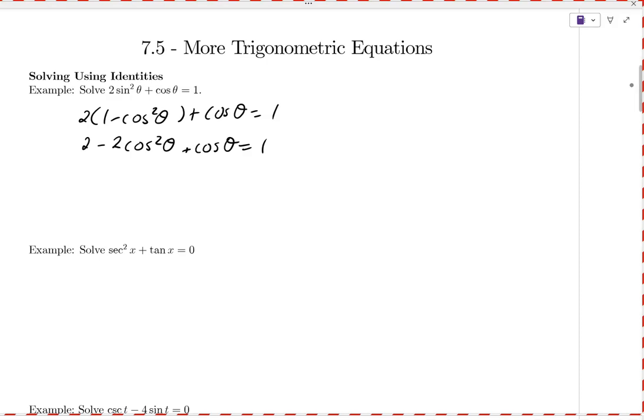Just so that I can get a positive coefficient on my cosine squared, I'm going to move everything to the right rather than move everything to the left. So when we do that, we should get 2 cosine squared theta plus minus cosine theta, that is minus 1 because I'm subtracting the 2. Good, because it wasn't going to factor otherwise. Got nervous there for a second. So we get 2 cosine squared theta minus cosine theta minus 1.